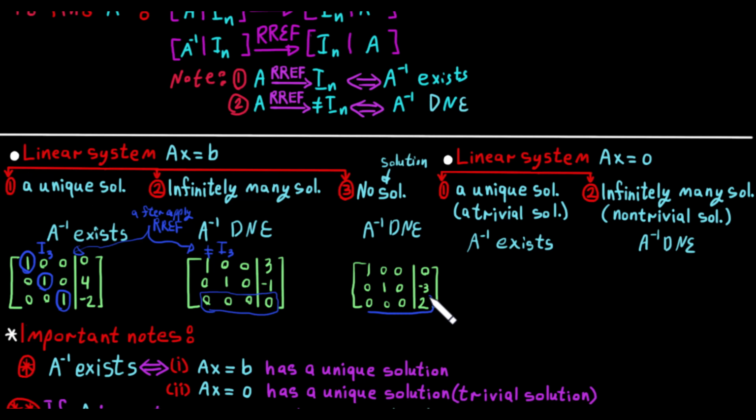So here we have the solution looking like this, and of course this side is not equal to identity with size 3 by 3. That's why A inverse does not exist, because if you apply RREF, you will get this, which is not like identity matrix 3 by 3.